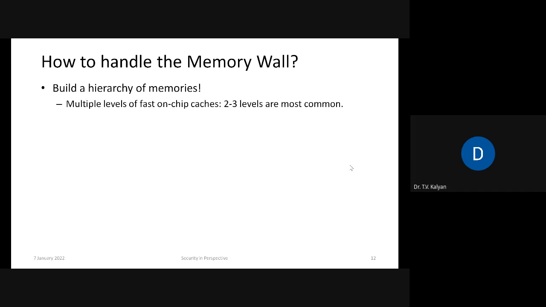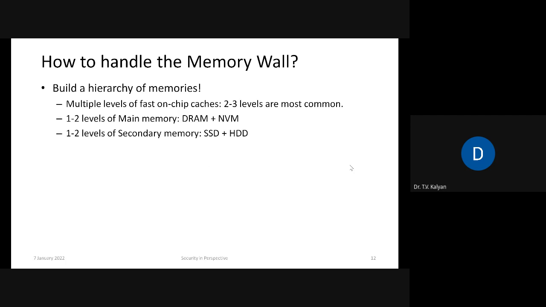In the current processors, we have multiple levels of caches, right? 2 to 3 levels are very common, and some of the processors have L4 also. And some of the processors have more than one level of main memory, and it can be a combination of the typical DRAM plus some non-volatile memory technology like STT-MRAM or PCM or 3D crosspoint, etc.